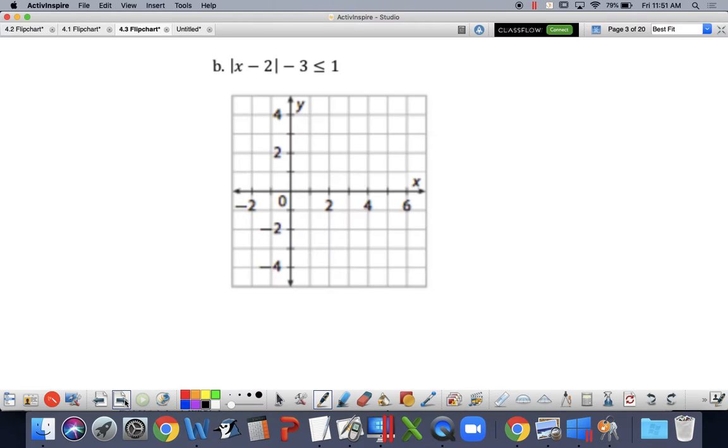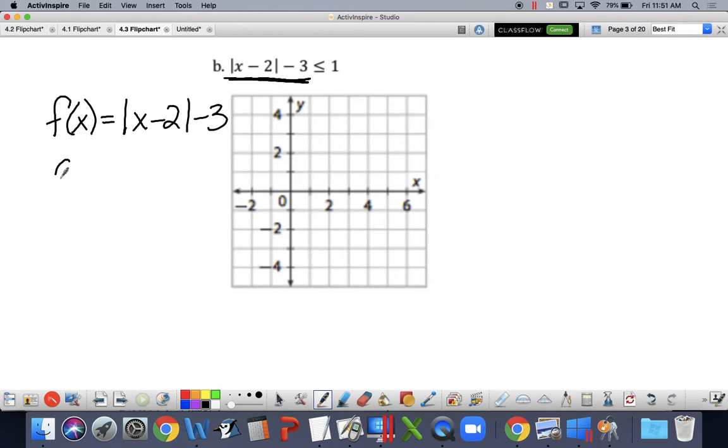All right, let's look at the next example because I don't have anything graphed right here. So we've got to do it all. We're going to do it together. The first thing is I'm going to just look at the equation here. I'm going to worry about the one later, and I want to graph this absolute value equation. So just looking at this, we've got this function. Does this open up or open down?